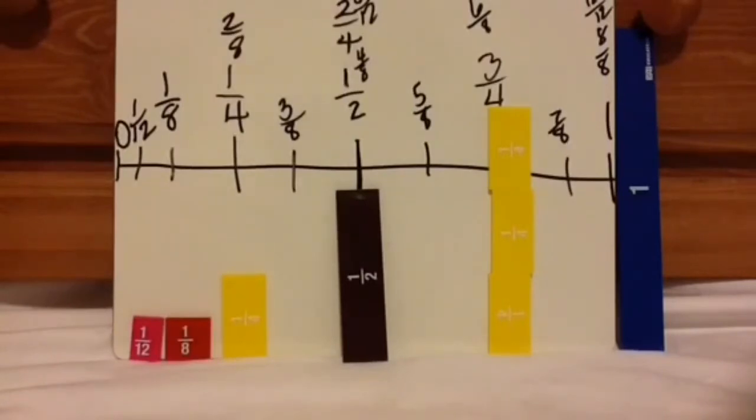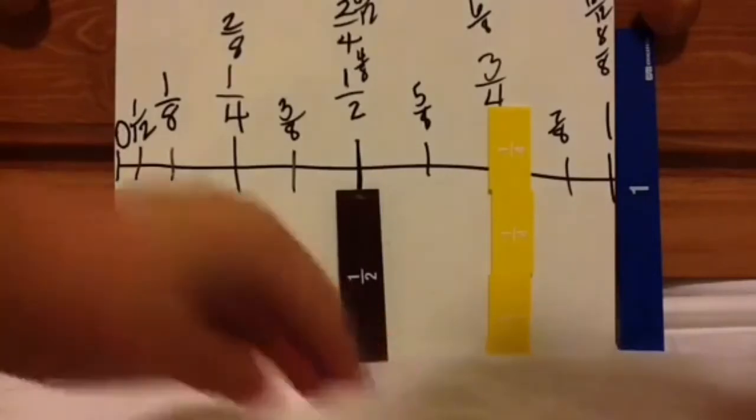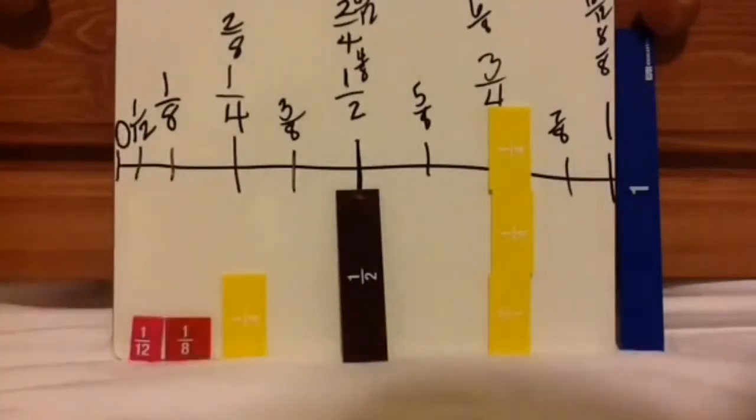Okay? If I had 12/12s, or actually let's look at it differently. If I had 11/12s, I'm going to grab all my 12s. I'll show it to you in a second. If I had 11/12s, I am very close to 1 whole.